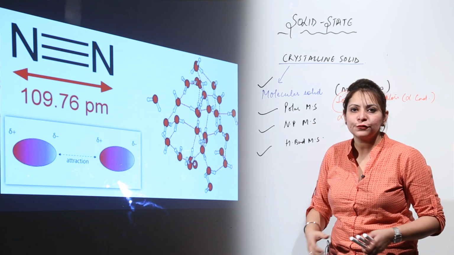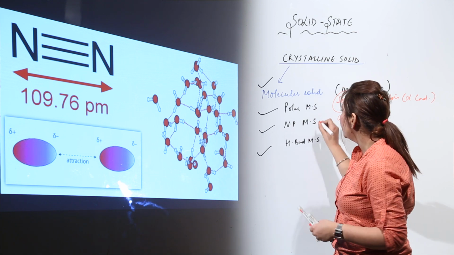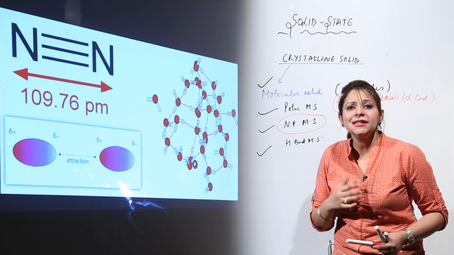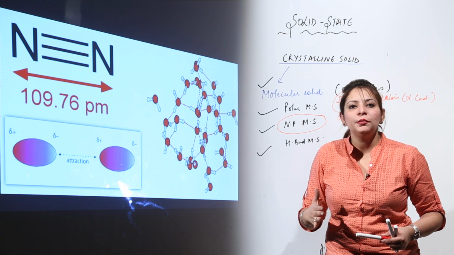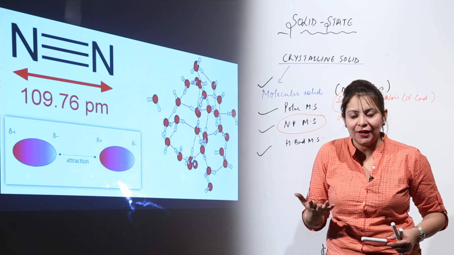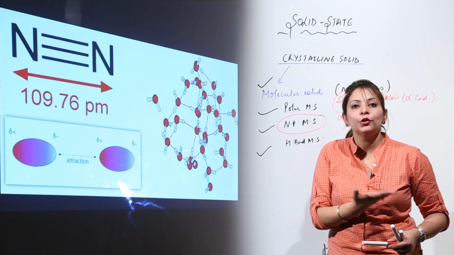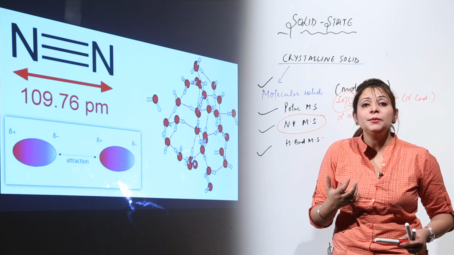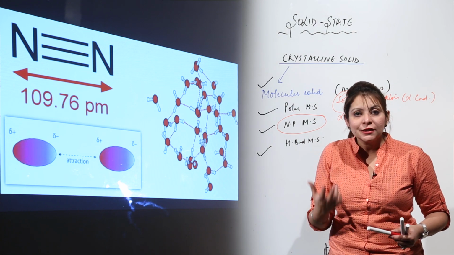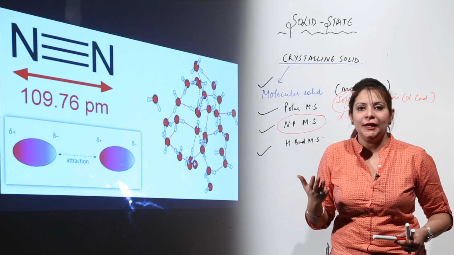I have a few examples for you which we are going to see. Suppose first we are doing the non-polar molecular solid. As the name suggests, non-polar means there are no poles present. There is no partial negative or partial positive charge. The reason is that the molecule must possess atoms of the same electronegativity.